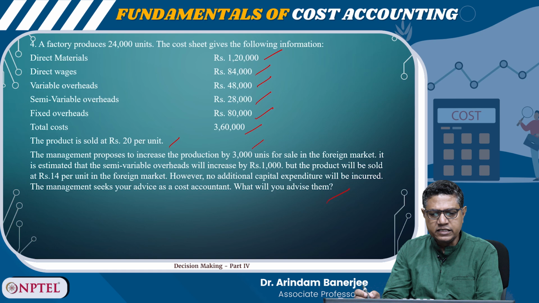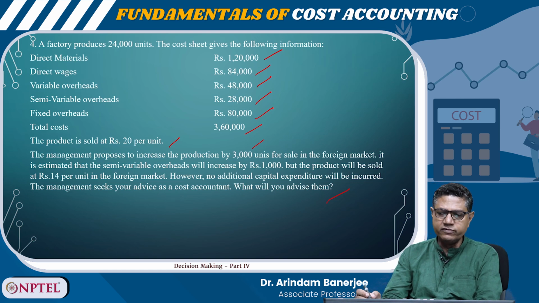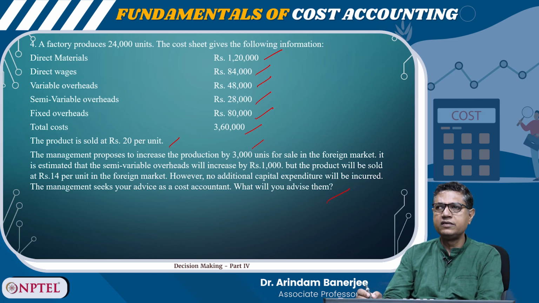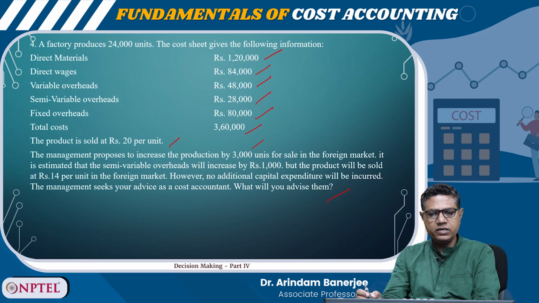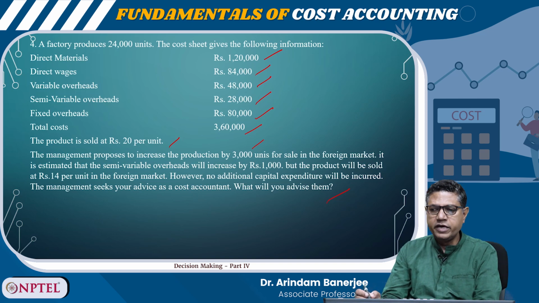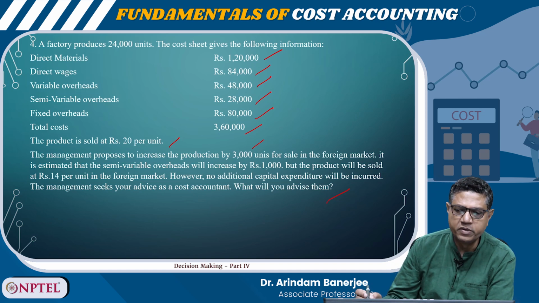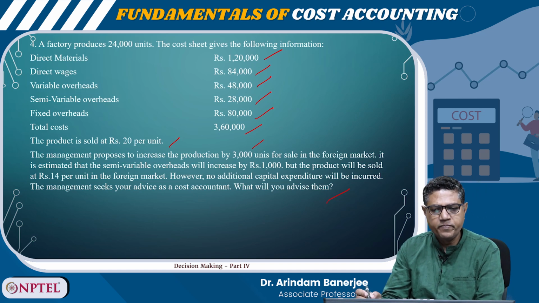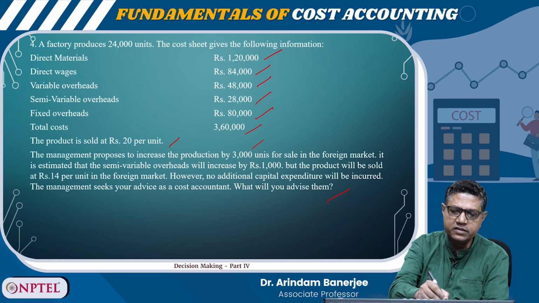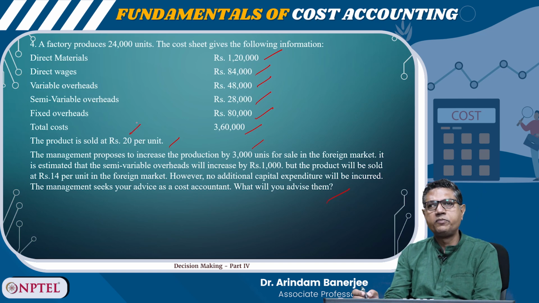It is estimated that semi variable overheads will increase by 1,000 but the product will be sold at 14 per unit. In the domestic market the price is 20 rupees per unit, but the company proposes to sell it at a lower price.